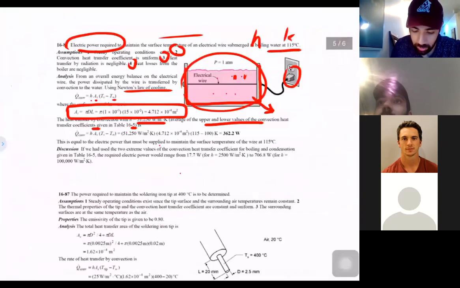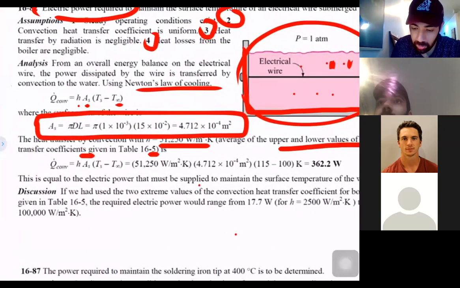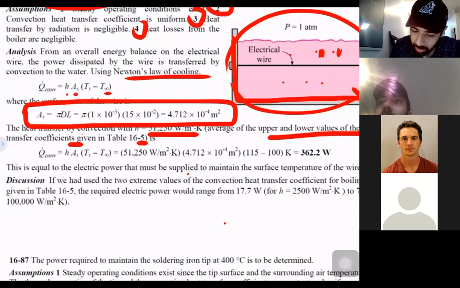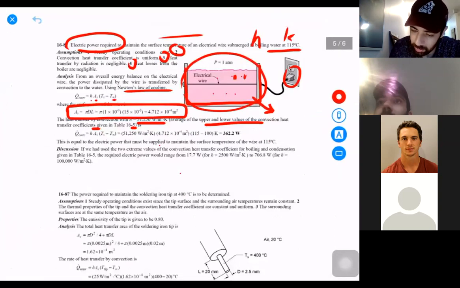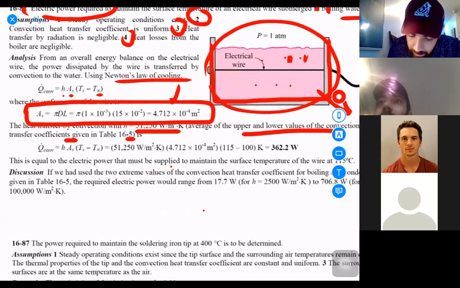That is what you see here. Pi times the diameter of the wire, which is 1 millimeter, 10 to the power of -3, times length, which is 15 centimeters, is equal to 4.7 times 10 to the power of -4 meters squared.